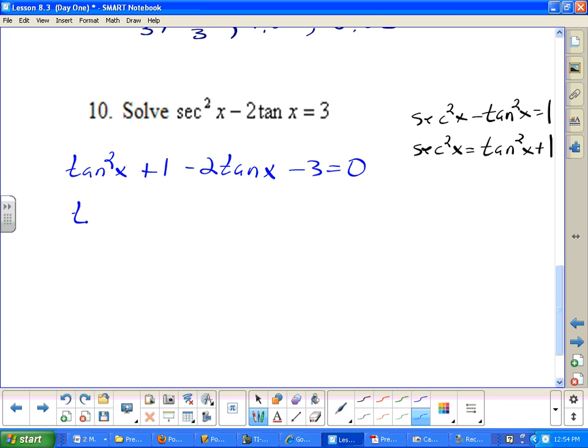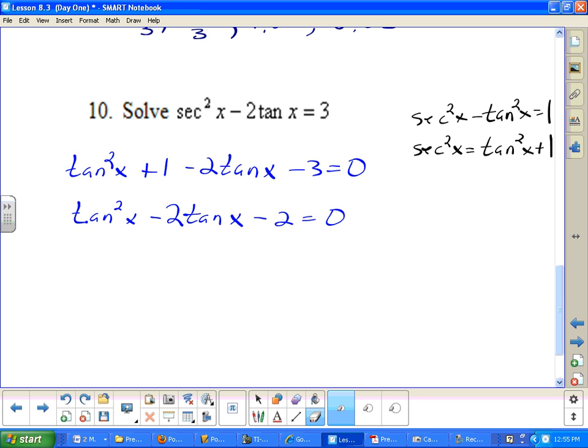Simplify it. Okay. Can we factor this? What are the factors of -2 that add up to -2? There isn't any. Dang. What do I need to do then?